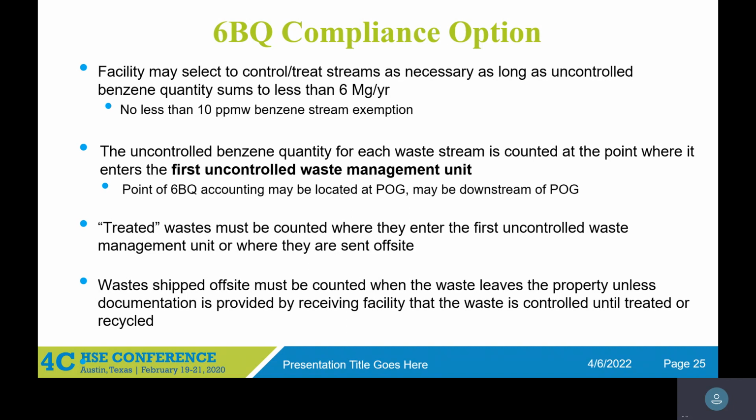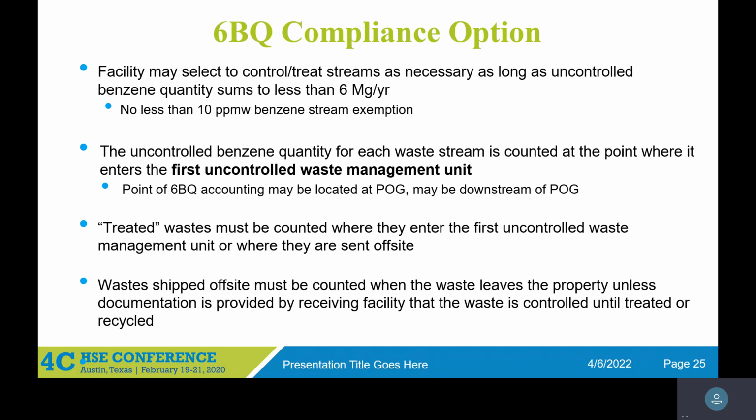Or you choose the 6BQ option, which is just everything, everything. Greater or less than 10 ppm, they don't care. As long as there's 8 ppm, maybe not the fertilizer facility, but as long as there is an actual ppm of benzene, you have to count it if you don't control it, right? Your TAB has control and uncontrol. Your 6BQ is just the uncontrolled portion. Just the uncontrolled portion. So it's a subset.